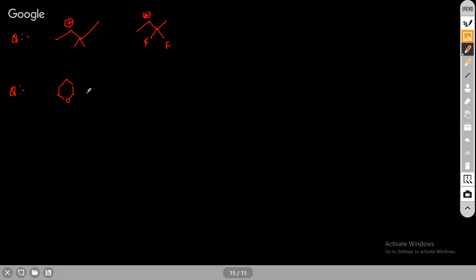Oxygen, right? Positive charge here. This is methyl, these two are methyl groups.